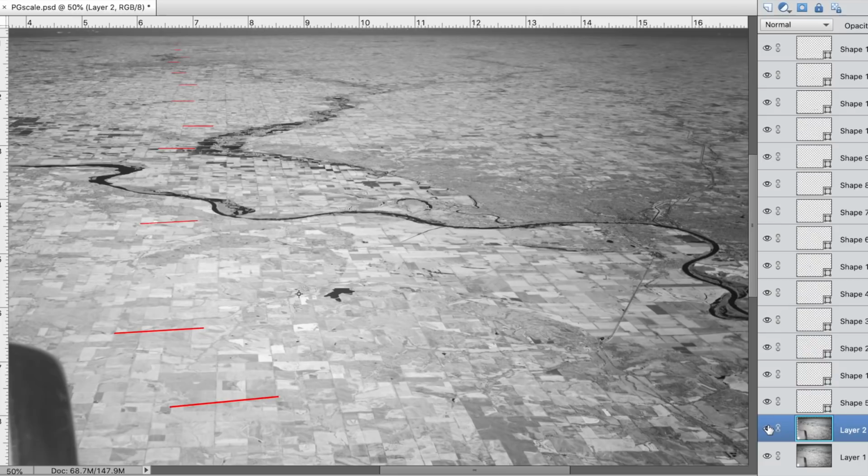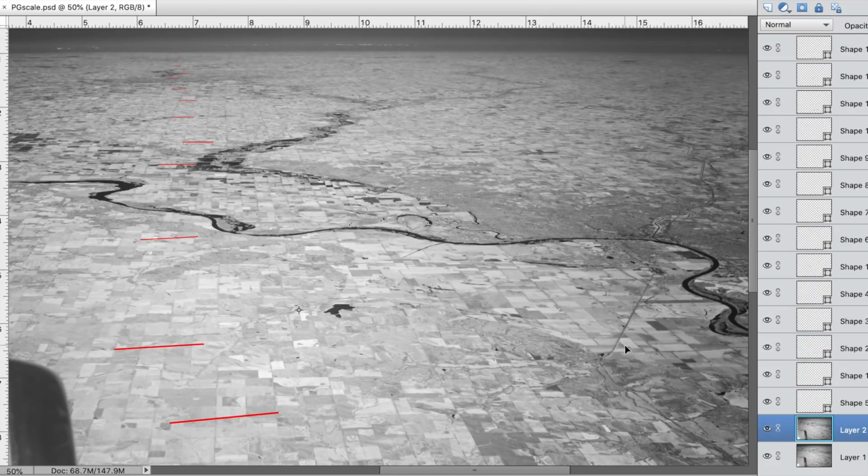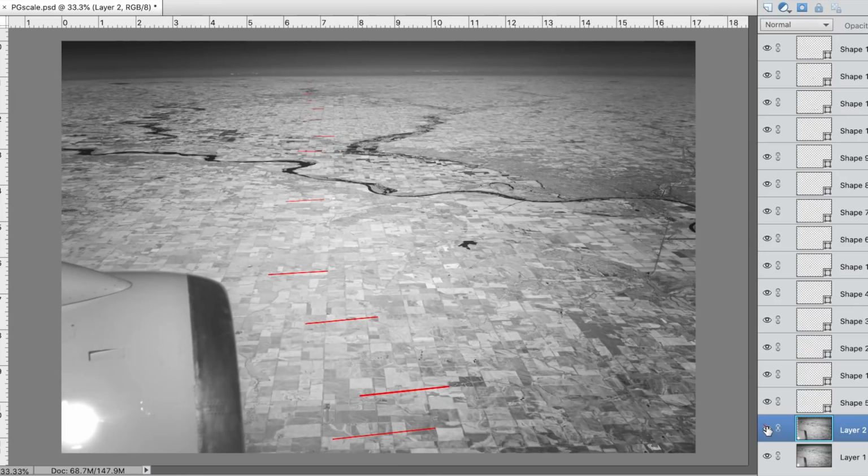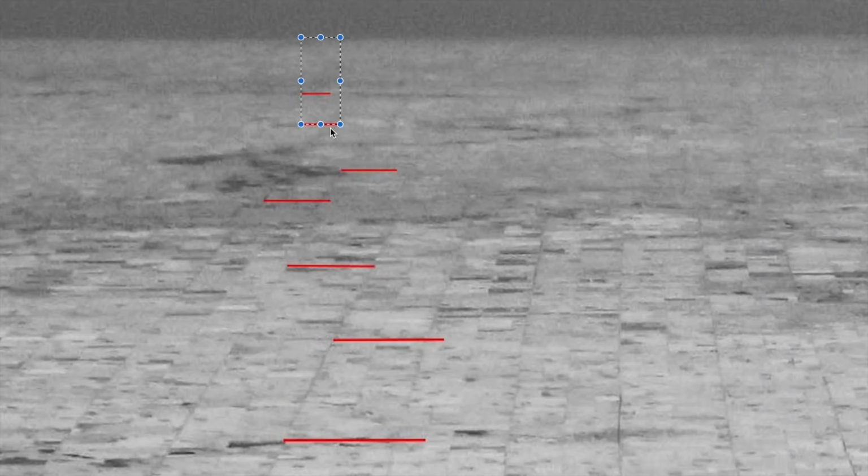And we can see that objects in the foreground move more than objects in the distance. And then later, the next step is to measure what those distances are of the red lines that I put down. Next, I started measuring the pixel width and the drop from the horizon for each one of those lines, right?